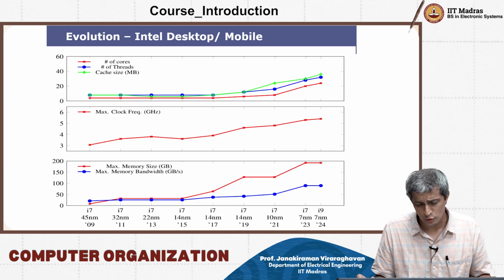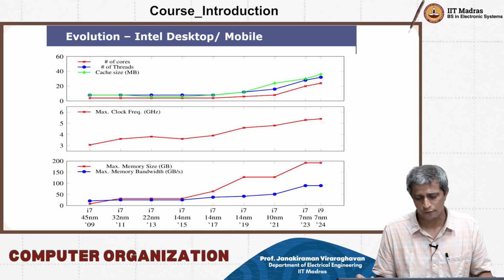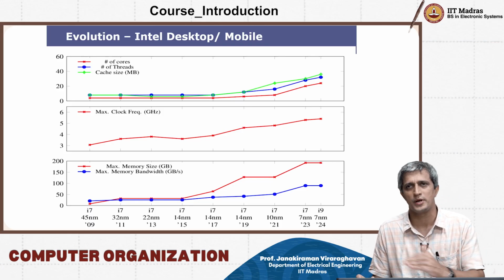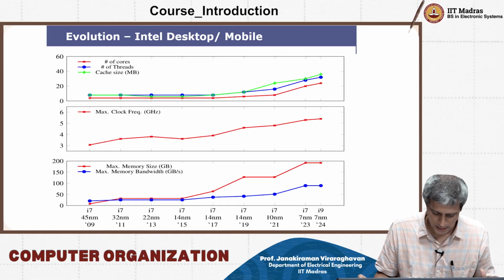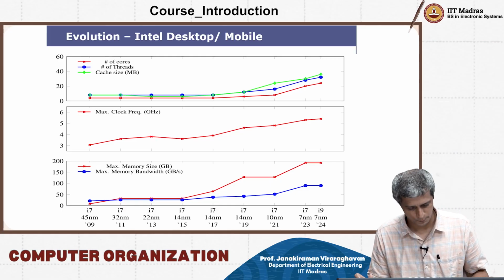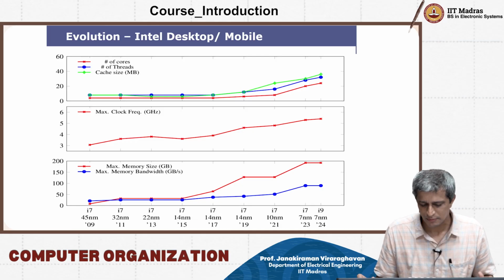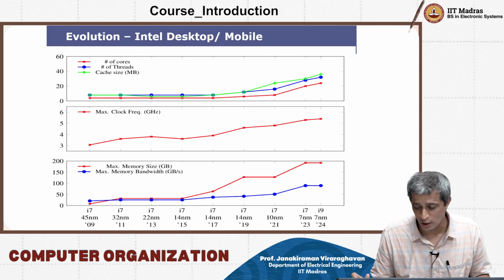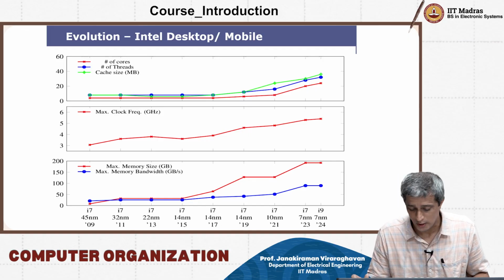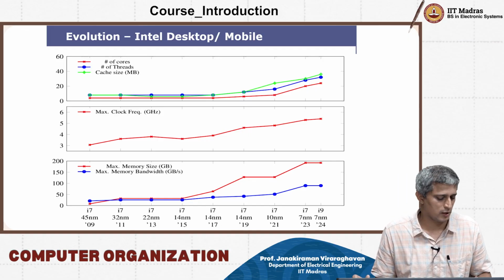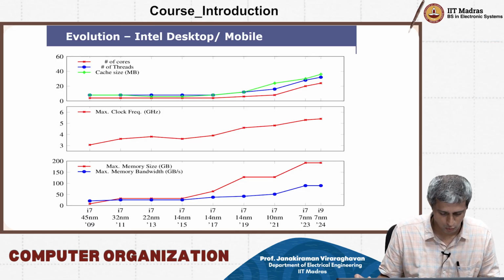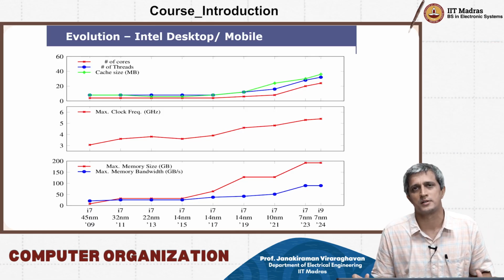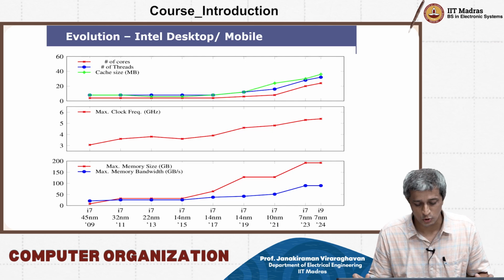On the second graph, you see the maximum clock frequency. Of course, the clock frequency has also been growing from 2009 to 2024. Likewise, the maximum memory size is also going all the way to about 200 GB nearly in 2024. It started with a couple of tens of GBs early in 2009.